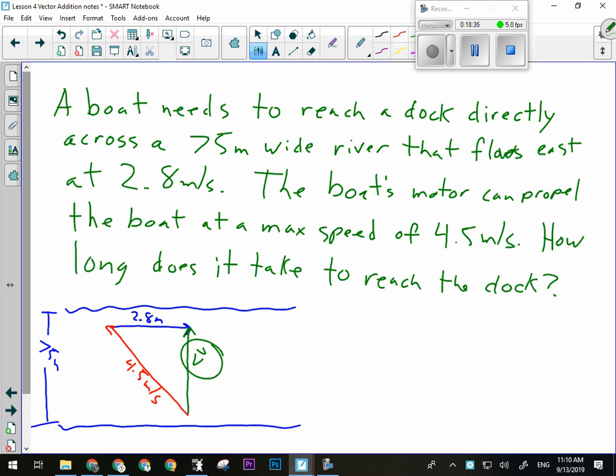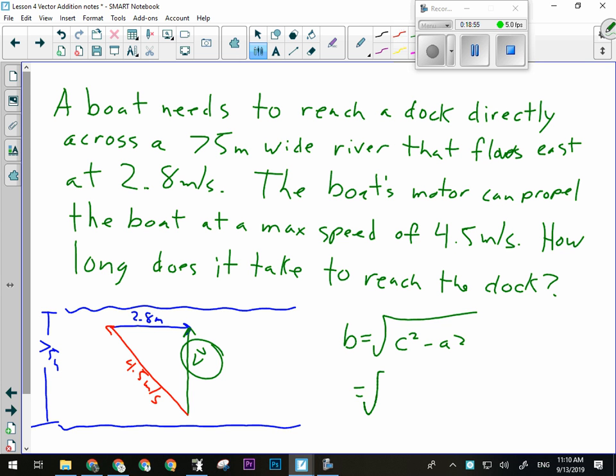Can I use the Pythagorean Theorem to do that? Yes, I can, except I'm not finding the hypotenuse this time. I'm finding A or B. So it's actually going to look like this: B will be the square root of C squared minus A squared. That's what we essentially have to do here.